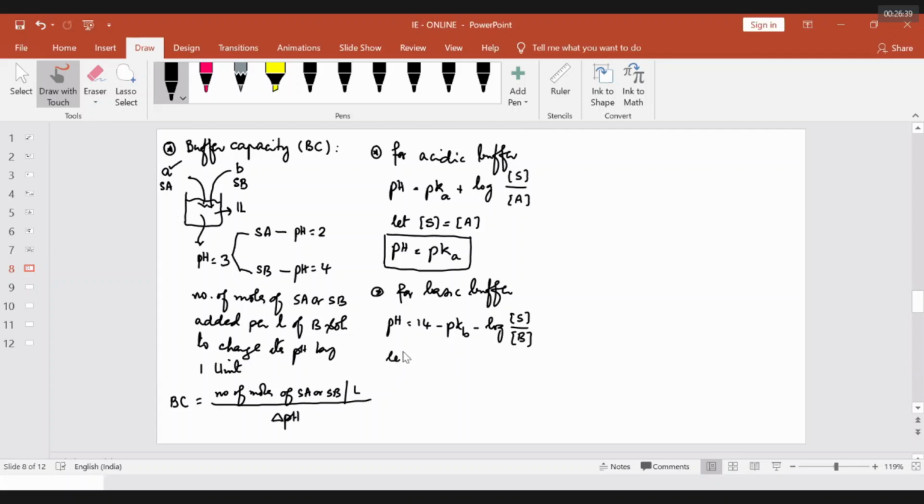Let the concentration of salt be equal to the concentration of base. This implies pH is equal to 14 minus pKb. That is the situation where you can say, yes, we have maximum buffer capacity.